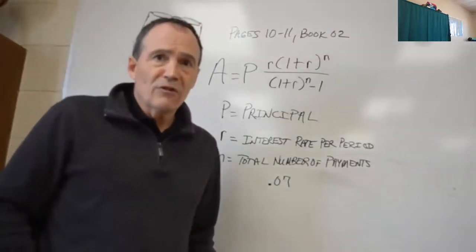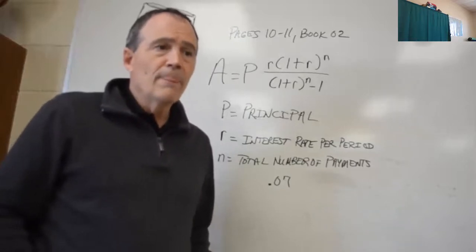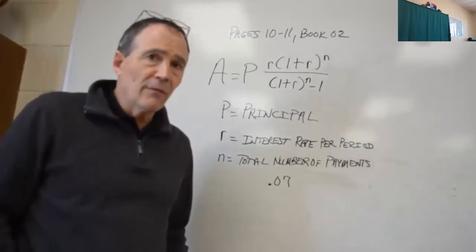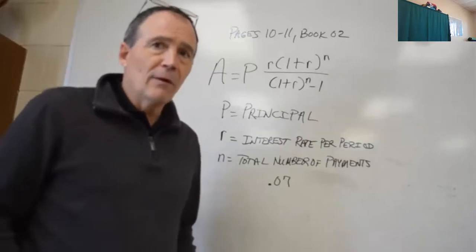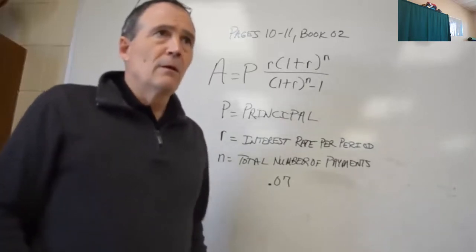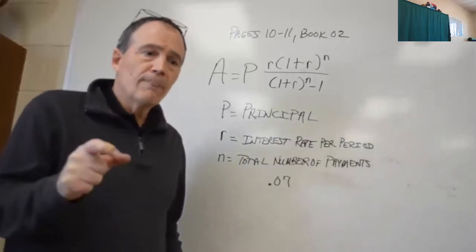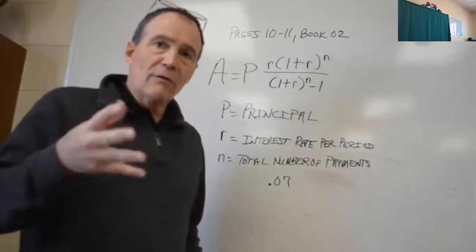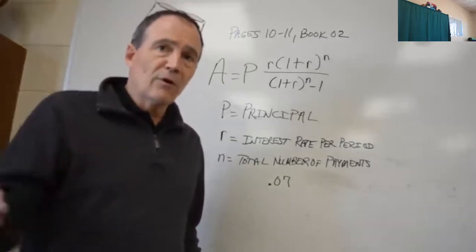What an amortization table does is allow you to make equal payments every month. You may be making the same payment every month. What the formula allows for is to adjust the payment in such a way as to make it the same every month while you're paying down the principal.